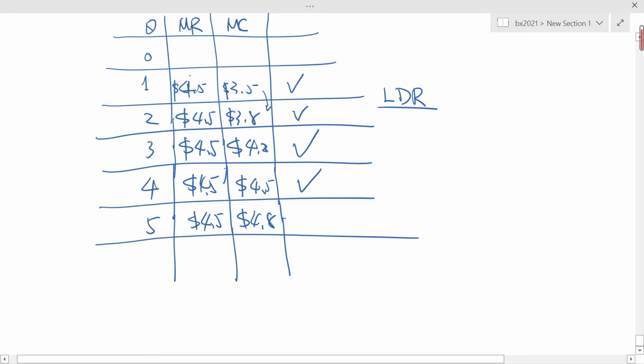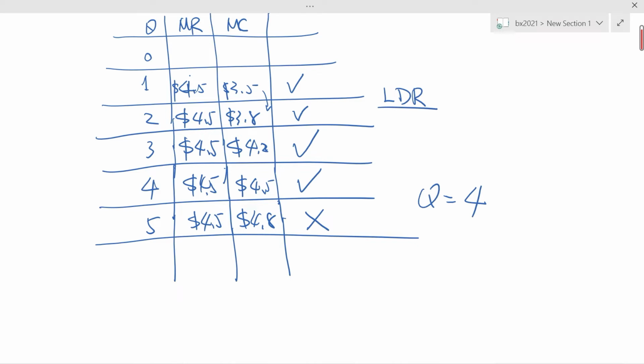For this fifth cup of coffee, the decision is we should not produce it, because extra revenue, marginal revenue, is less than marginal cost. So our optimal output is 4. We need to produce 4 cups of coffee so that we can maximize our profit.